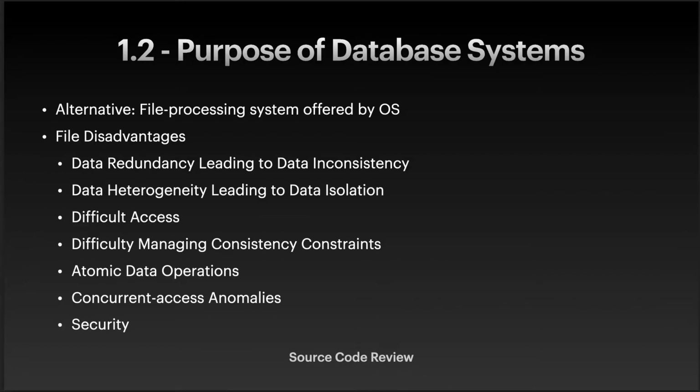So section 1.2 focuses on the purpose of a database system. So without a database system, the alternative is paper, which we have advanced. So basically it is the file processing system on an operating system, so a Windows or Mac or Linux file manager, and there's a few problems with this.